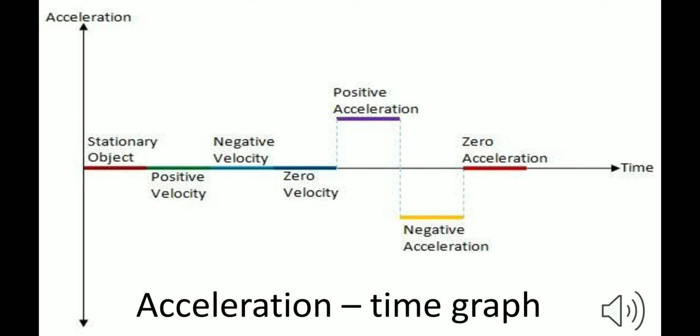And we have already studied the cases of zero acceleration, again a straight line, where the velocity is not changing or the body is not moving, therefore zero acceleration. We will study this in the further graphs also. So let's see further.